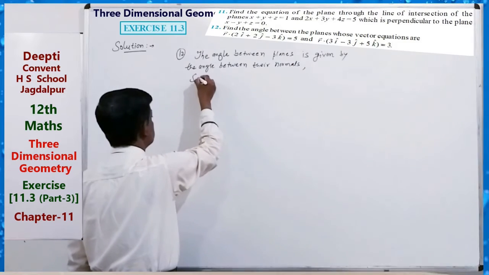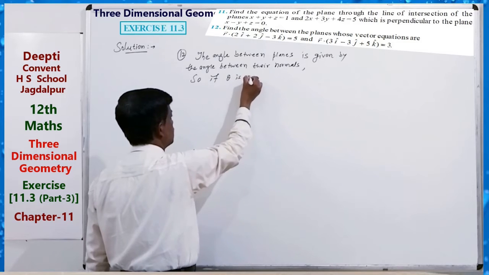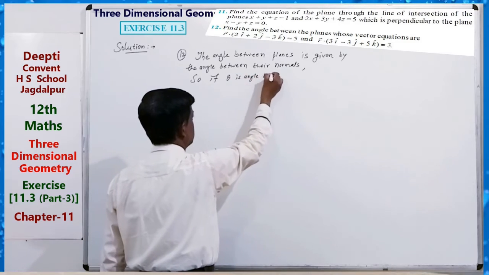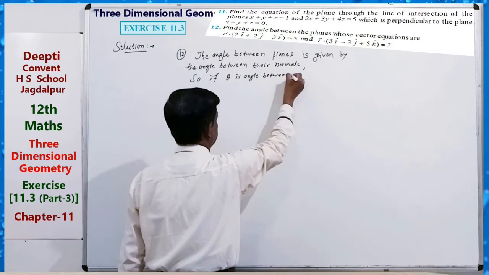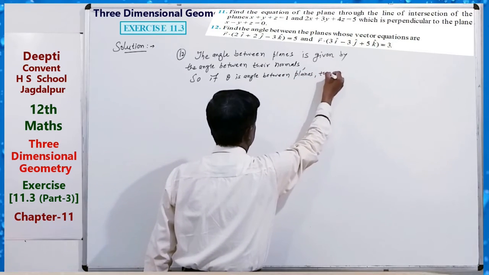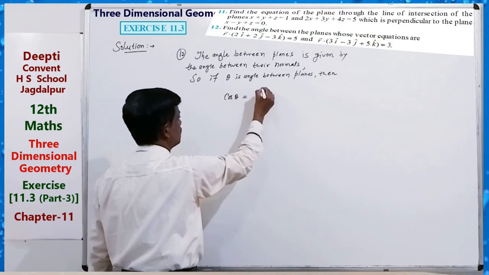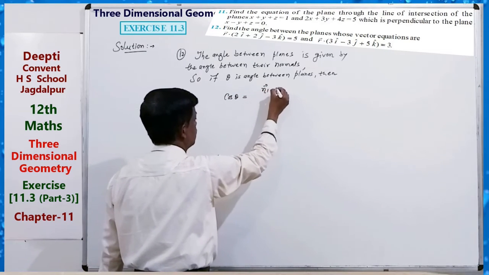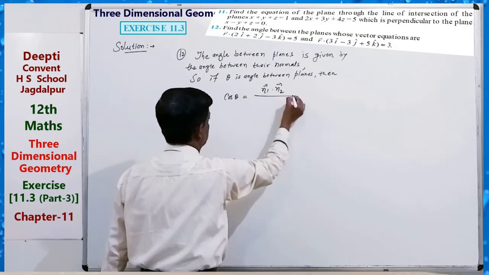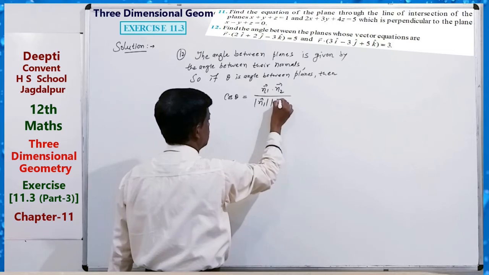So, if theta is the angle between planes, then cos theta equals n1 dot n2 upon mod n1 mod n2.